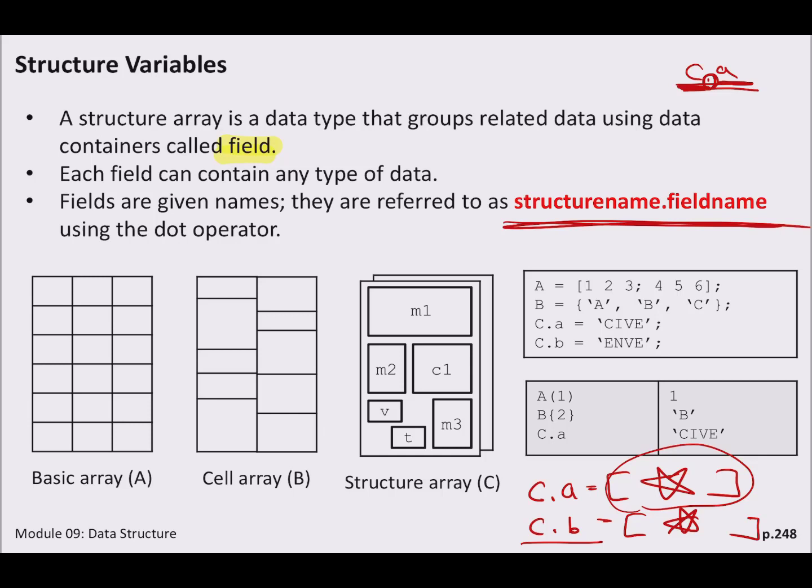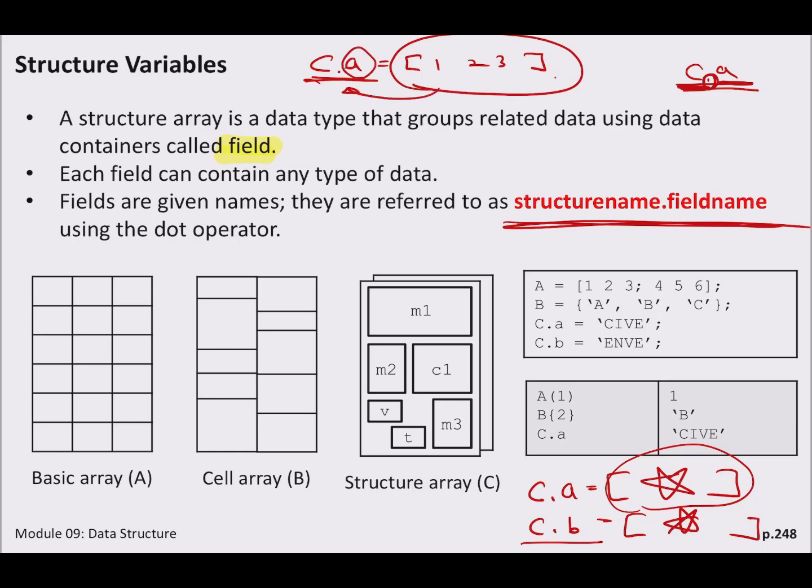Okay, again, let's do this. If you place this syntax on the left-hand side of an assignment statement, it is assigning this row vector to this field.